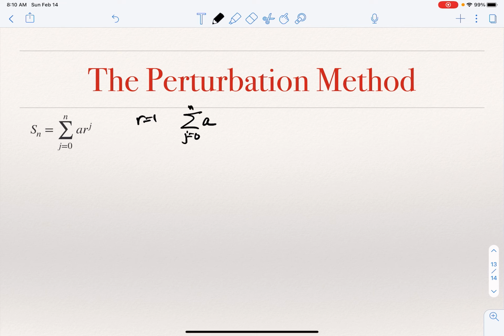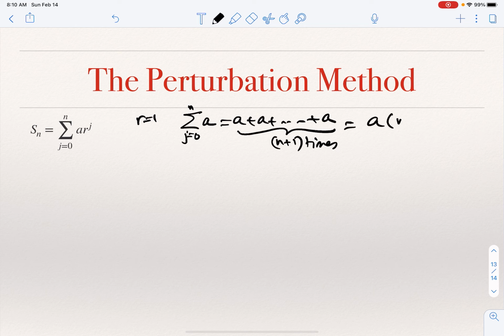So we are summing a plus a plus a, n plus 1 times, which would be a times n plus 1. Okay? Now the question is, what happens when r is not equal to 1? If r is not equal to 1, we cannot do this simple summation here.